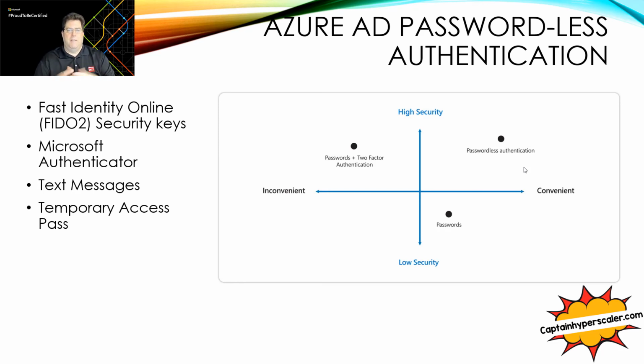But again, we aren't quite there yet from a full-fledged capability. Microsoft actually has rolled out, and if you go into your Azure portal and put in authentication, we can find the ability to enable passwordless authentication within our Azure Active Directory now, which is a great step in the right direction from a business perspective.